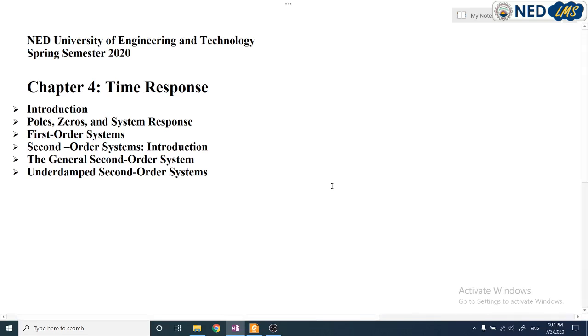So consider that we have any physical system and we do not have its transfer function. So if we want to find out its transfer function, it is not possible for us to obtain it analytically because the system is closed and its component parts are not easily accessible or identifiable.